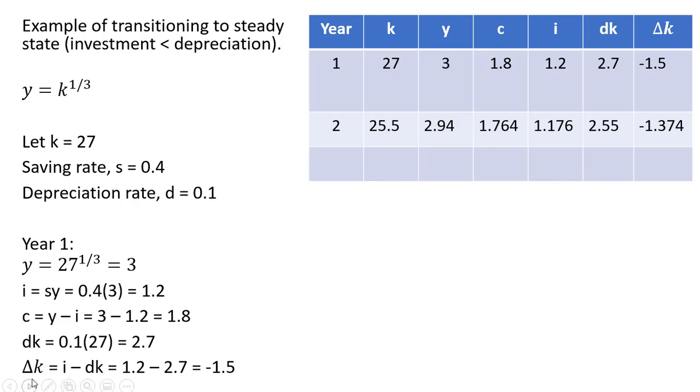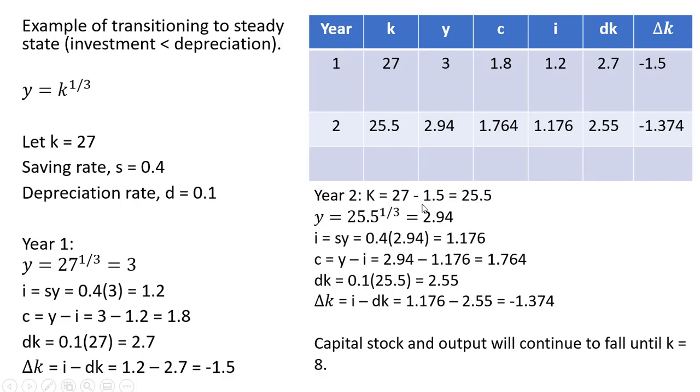And so you'll see our change in capital will be negative. The investment that has been undertaken is smaller than the total amount of depreciation, so the change in capital will fall. So in year 2, we're going to start with a lower capital labor ratio. Going to get less investment, less consumption.